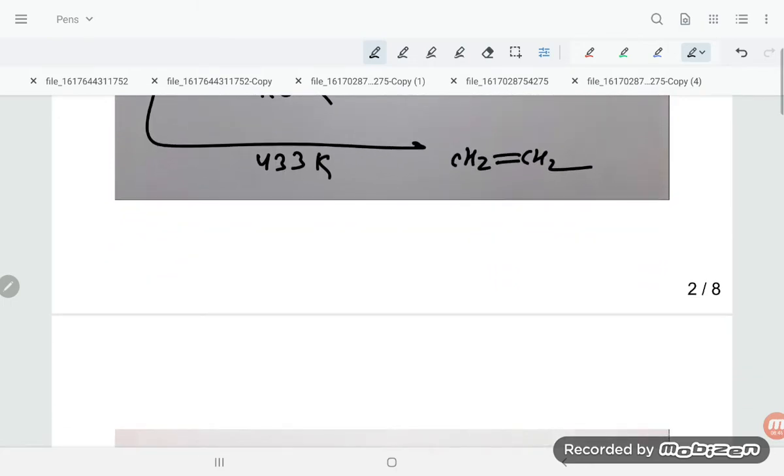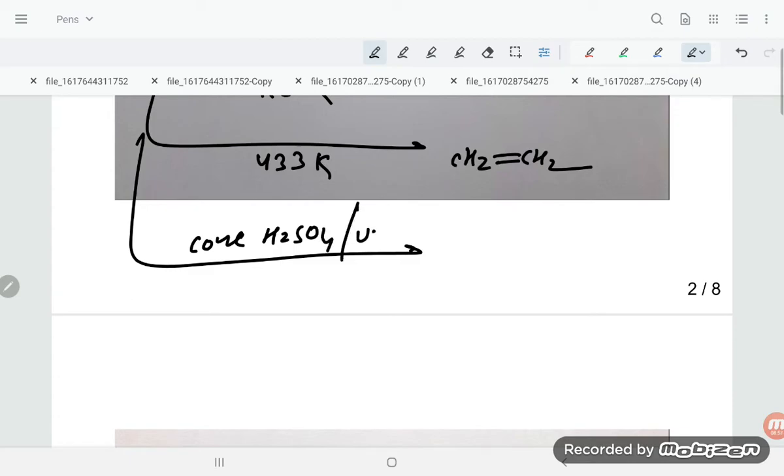If you are treating with concentrated H2SO4 under reduced pressure, here is CH3, this is CH2 twice, and SO4 is there.